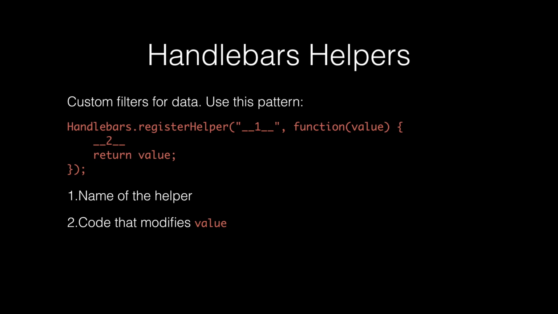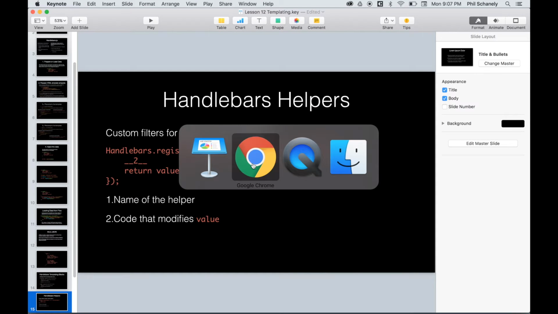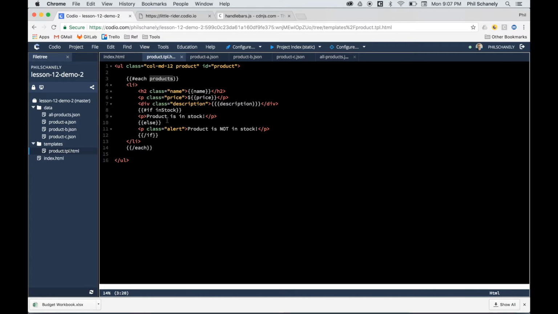Okay, so let's do that for something that you've been doing quite frequently in this course, and that is to ensure that a number that you want to appear as a price is formatted to have, you know, 2 decimal places, right? So let's say that we're going to format this price value as dollars and always ensure that it has the 2 decimal places.